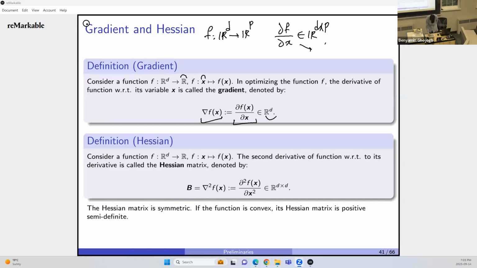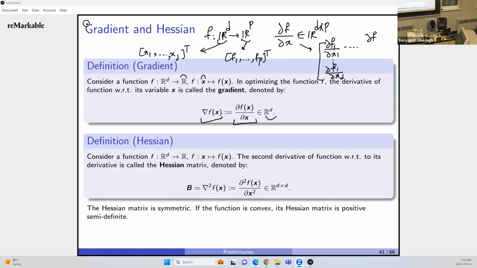What do I mean by this? Because f itself is (f1 until fp) transpose, and x is (x1 until xd) transpose. Do you agree? Right. Therefore, you can write it in this way: derivative of f1 with respect to x1 until derivative of f1 with respect to xd.